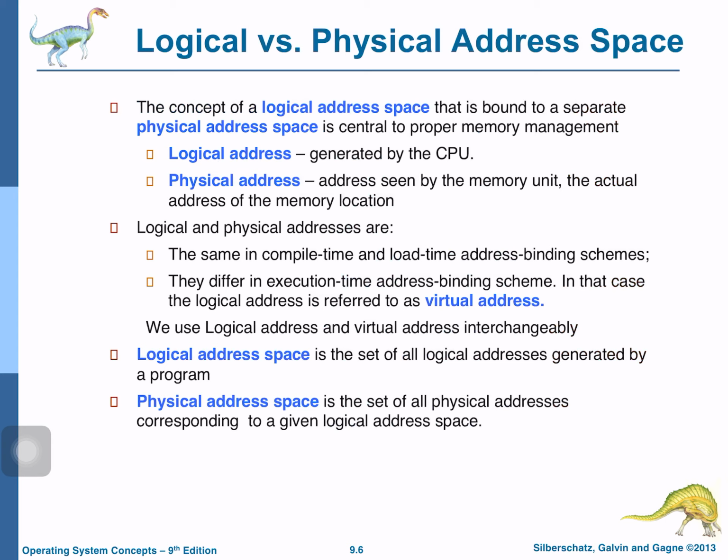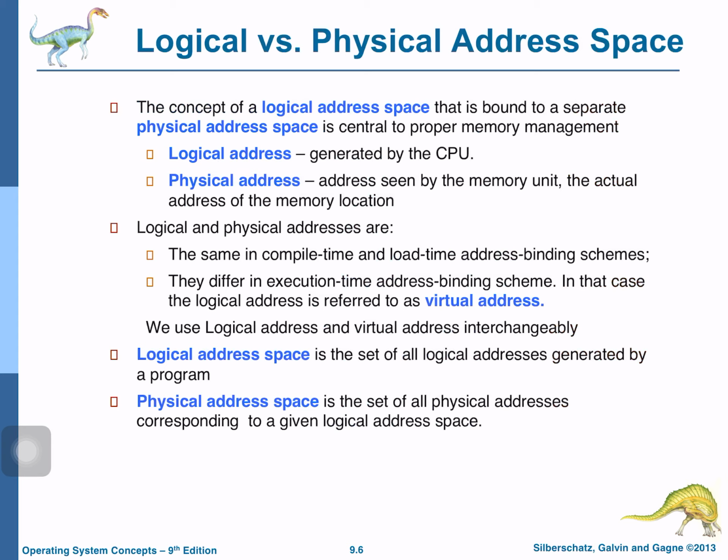Okay, so logical and physical addresses would be the same in compile time and load time address binding, but they will differ in execution time address binding. In that case, the logical address is referred to as the virtual address. So when it is different between the physical and logical address, then the logical address is also known as the virtual address.